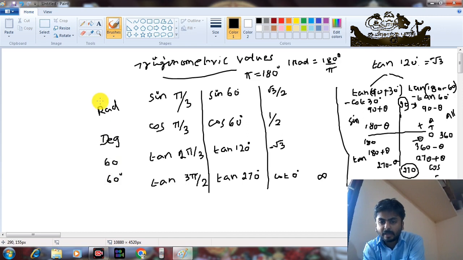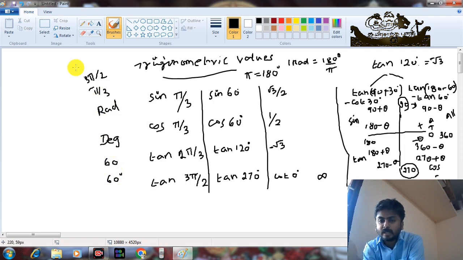In radian mode only you can use pi by 3, and suppose if I want 270 degree, we can use 3 pi by 2 in radian mode. In radian mode you should not use degrees.